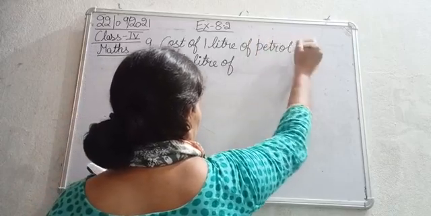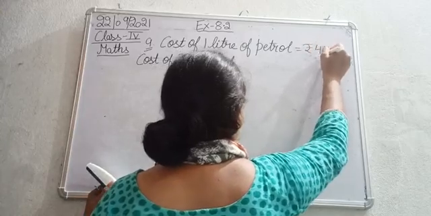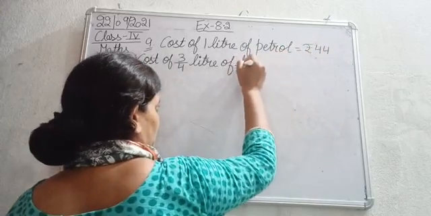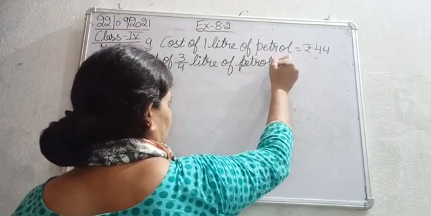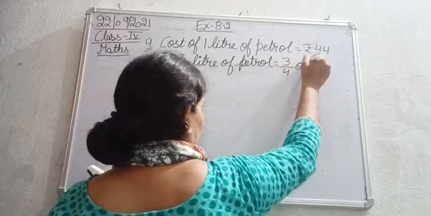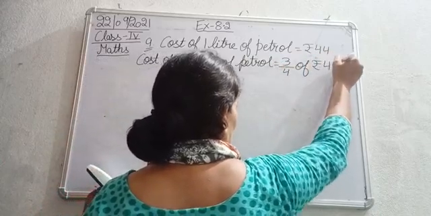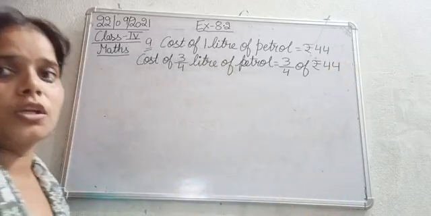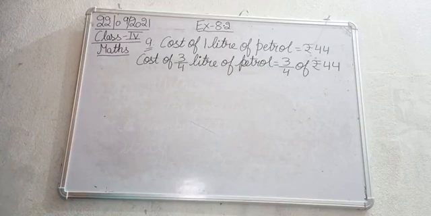The cost of 1 liter is rupees 44, and the cost of 3/4 liter of petrol that we have to find out will be 3/4 of rupees 44. So the cost of 3/4 liter of petrol will be 3/4 of rupees 44.